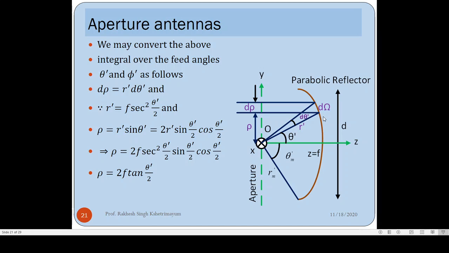What is this d omega here? This arc is the arc of a circle, that is r dash theta dash. So d rho is r dash d theta dash. This arc here subtends angle d theta dash. So r dash d theta dash will give me d omega, and this d omega is equivalent to d rho from this diagram.